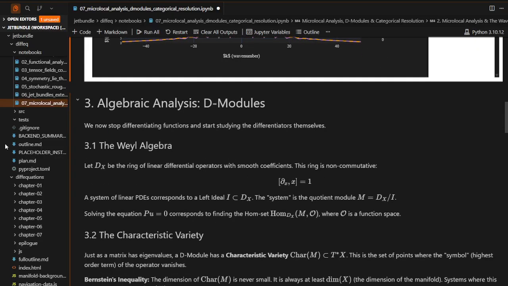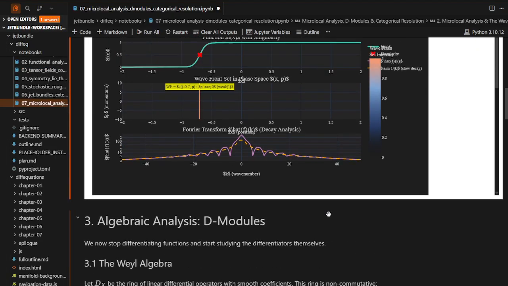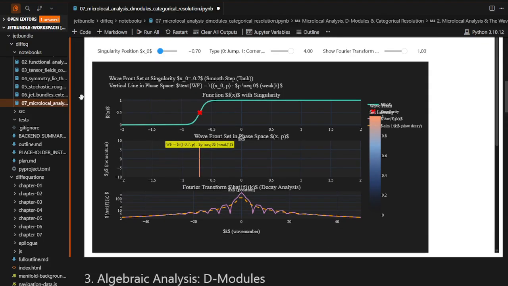Now, again, I hope you understand what's happening here. Ray optics works in high frequency limits, okay, because singularities follow geodesics in phase space. The geodesic itself is being encoded in phase space.